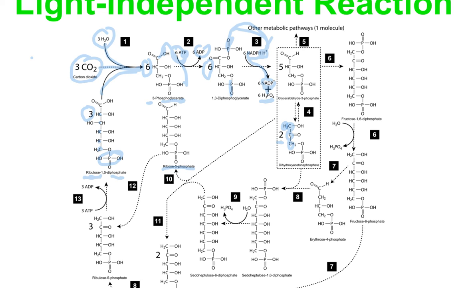And now we have the 2 3-carbon components, and another 3-carbon component, which we're going to combine those 2 to make 6-carbon sugars. Now this 6-carbon sugar in the stroma will do lots of different things.